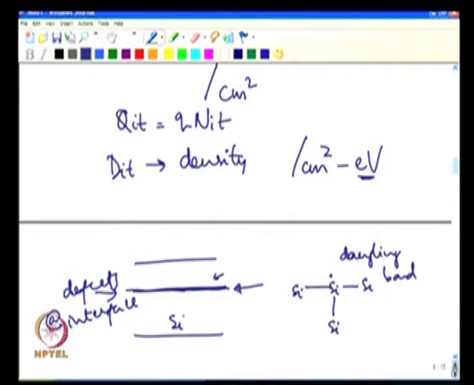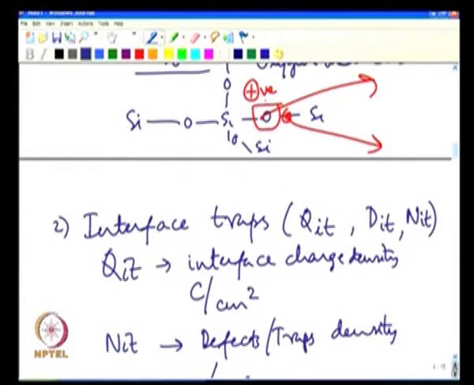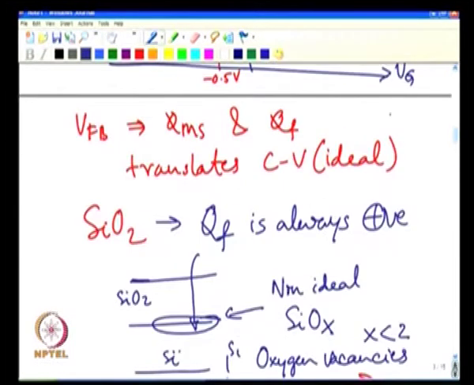That is the major distinction from the fixed charge that we discussed. Fixed charge is a little bit away from the interface, not exactly at the interface. This region, which is a transition region, is where the fixed charge is, and being away from the interface, it does not interact with the silicon underneath, and its charge state does not change, and hence the name fixed charge.